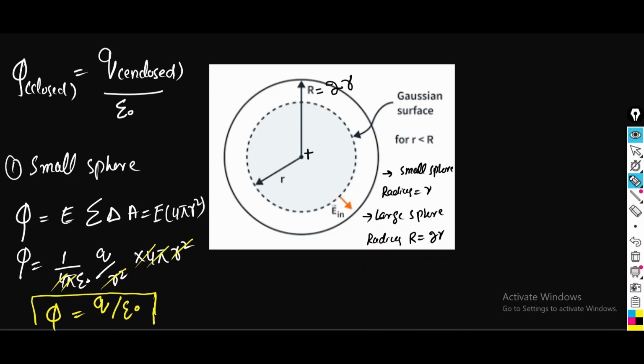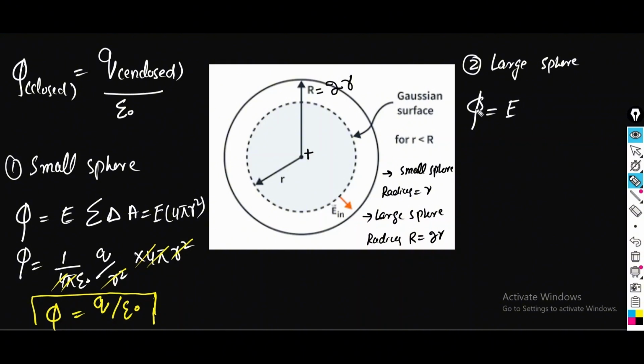Now we are going towards the second case. The second case is for this large sphere around the positive charge which is present at the center. So the flux through the large sphere is equal to the electric field lines that pass through the surface multiplied by the area.